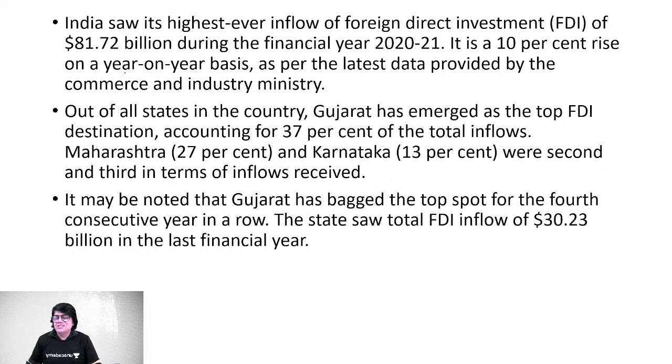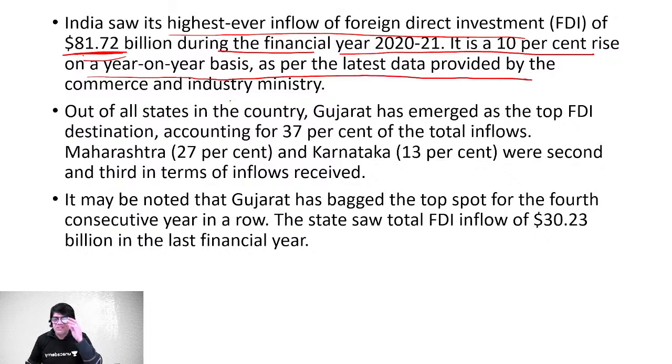And India saw its highest ever inflow of foreign direct investment of $81.72 billion, and this amount is much more than the FDI of several smaller countries put together. In the year 2021, it's a 10% rise on a year-on-year basis, as per the latest data provided by the Ministry of Commerce and Industry, and the department is DPIIT.